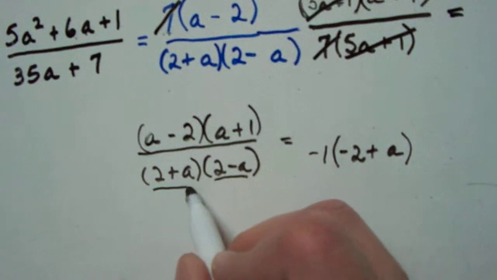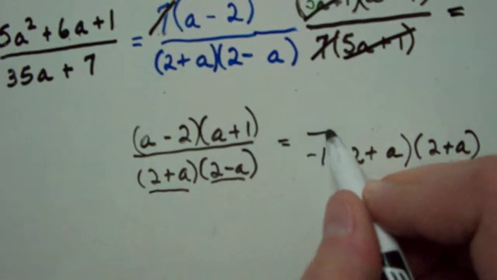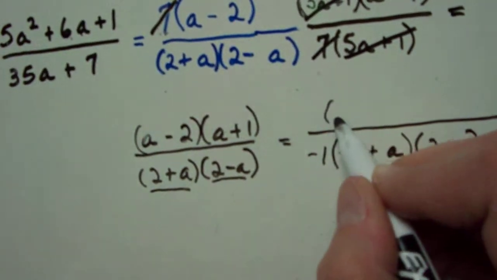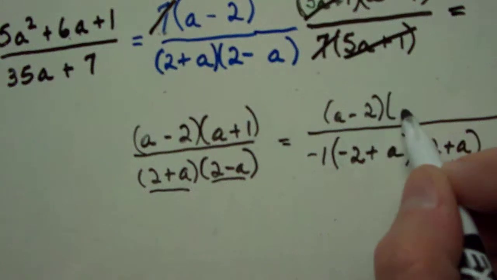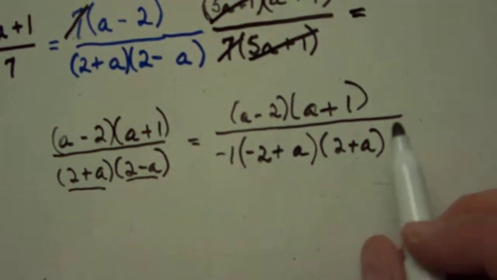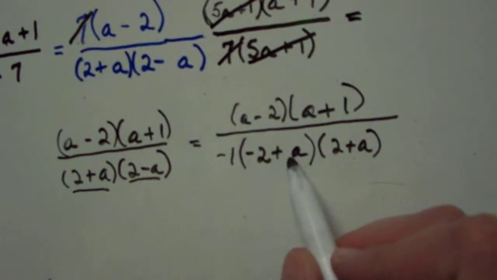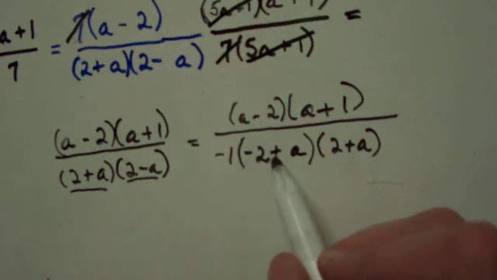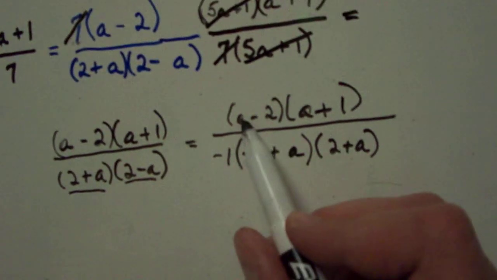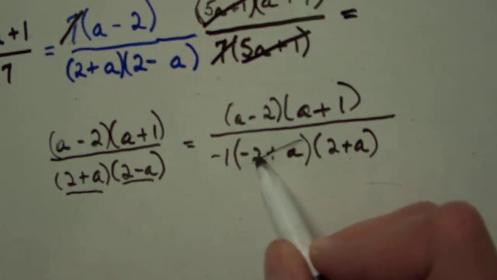And now I'll just rewrite this portion. And I'll rewrite the top. Now we can do a little more canceling. Negative 2 plus a is the same as saying a, there's our positive a, minus 2. So these two can be canceled out.